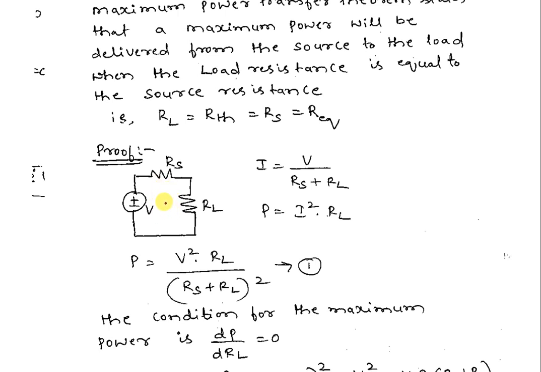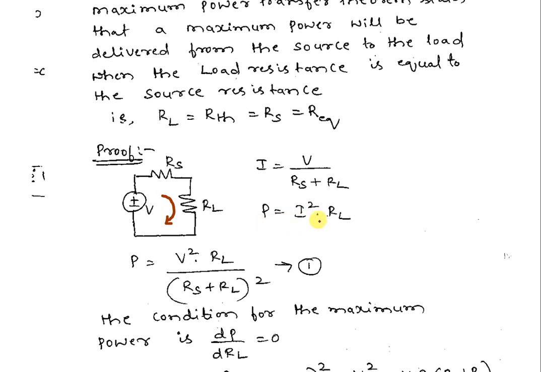Current I is given by voltage divided by RS plus RL, and power is given by V into I. Again V is equal to I into R, so we get I into R into I. So power in terms of current is equal to I square into RL.